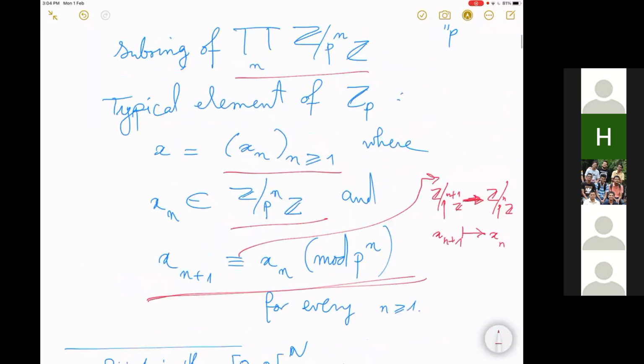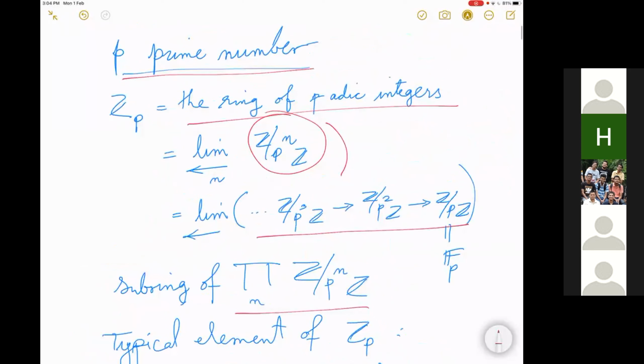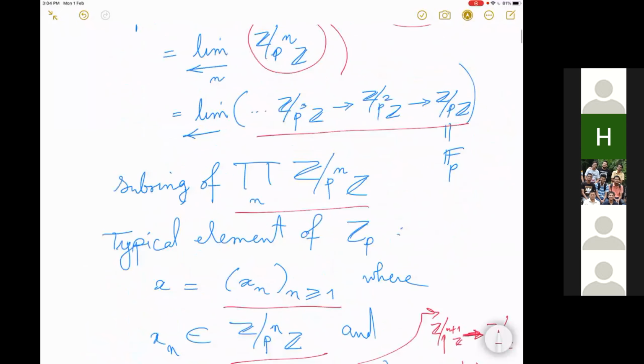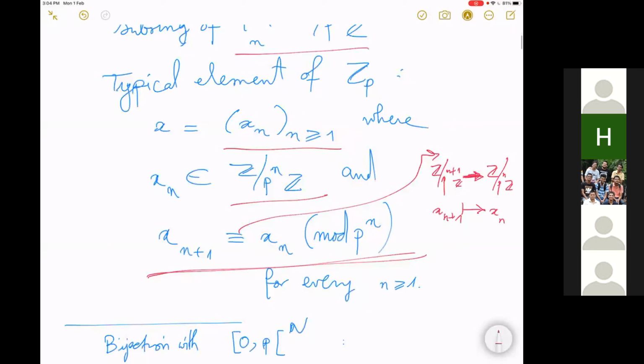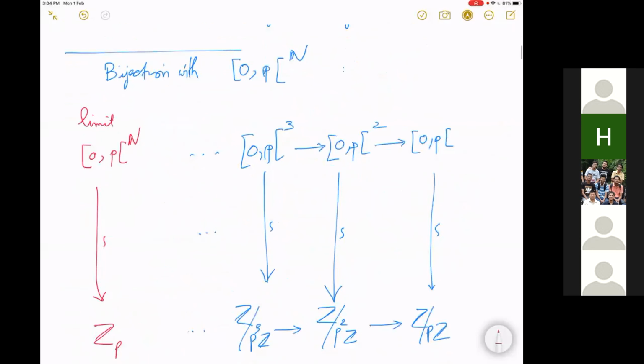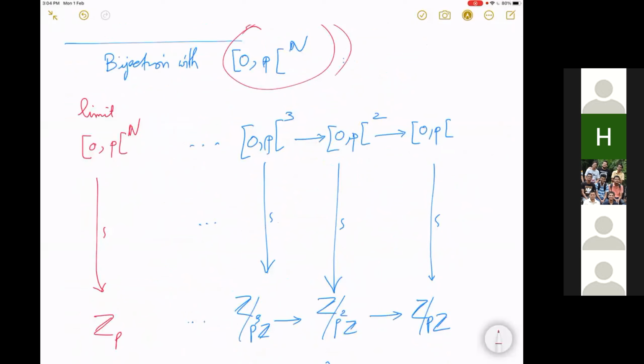P-adic numbers are things which we will come to a little later at the end of this lecture. So there's a bijection of this set ZP with this set consisting of all p-adic expansions.